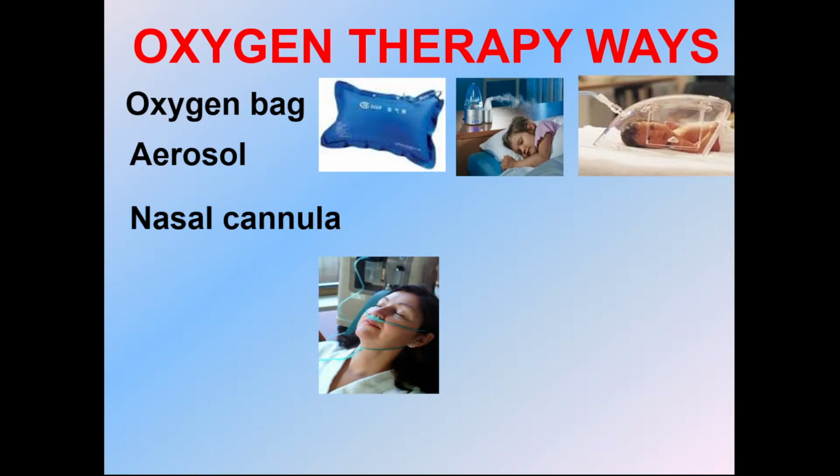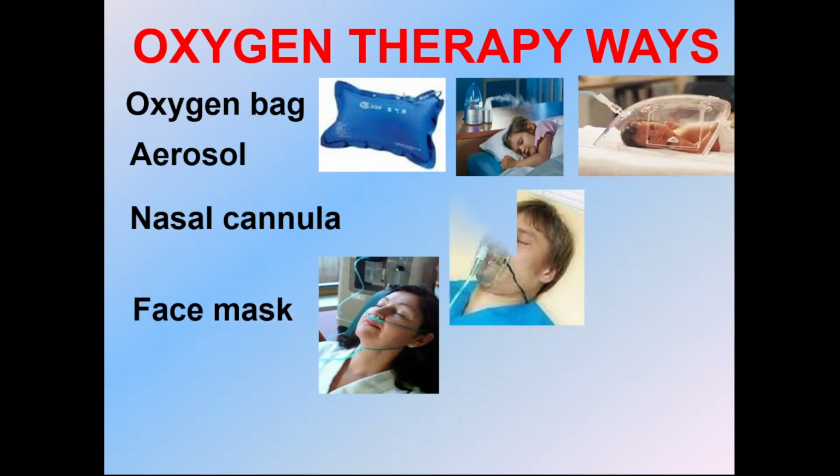It may go into the body through special tubes connected with an oxygen apparatus or oxygen cylinder. Usually this is used for very weak and unconscious patients who cannot regulate breathing independently.